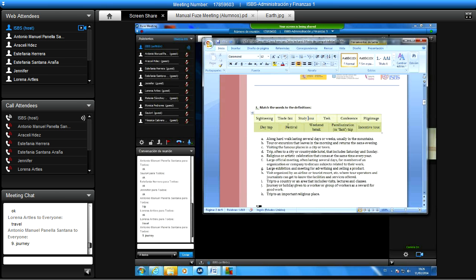Es como ver lo que hay que ver, las atracciones turísticas, the tourist sites. Okay. Pilgrimage, a day trip, a festival, a weekend break, a familiarization or fun trip, an incentive tour. It's like a bonus offered by the company, como un viaje que te regala la empresa.